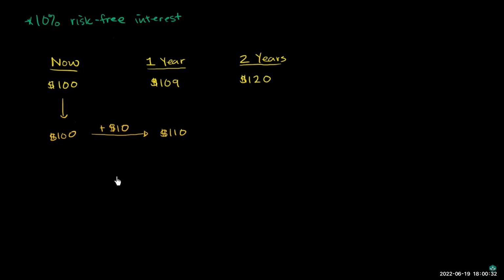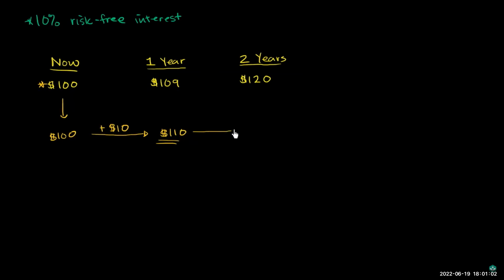So just doing that little exercise, we see that $100 given now, put in the bank at 10% risk-free, will turn into $110 a year from now, which is better than the $109 1 year from now. So you would rather do this than do this. You're better off by $1. What about 2 years from now? Well, if you take that $100, after 1 year it becomes $110.